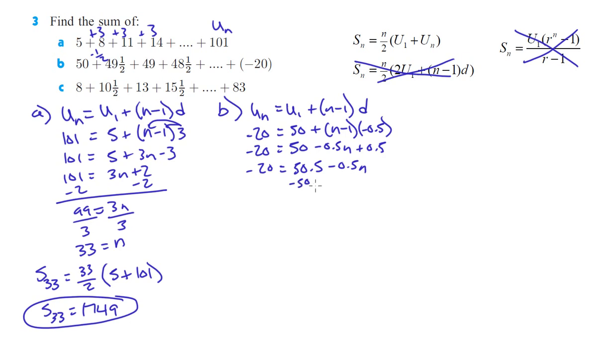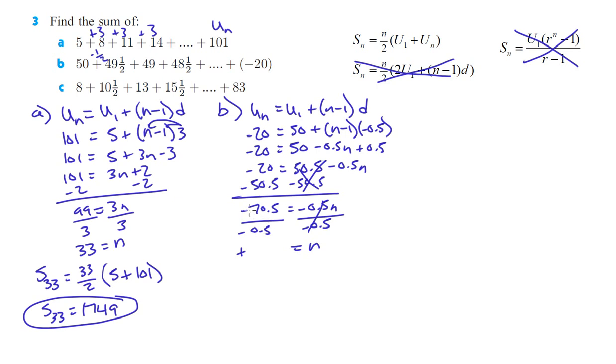Now we can subtract the 50.5 from both sides, so we can do it all together. That goes away, and we get negative 0.5n equals negative 70.5. Then we just want to divide by negative 0.5 on both sides. The negatives are going to cancel out and make a positive number.